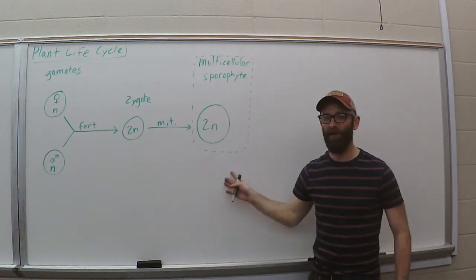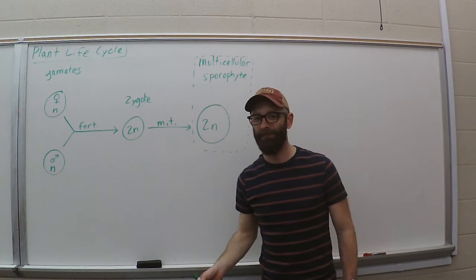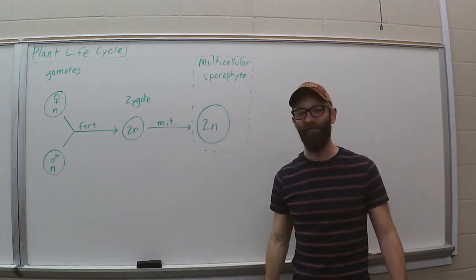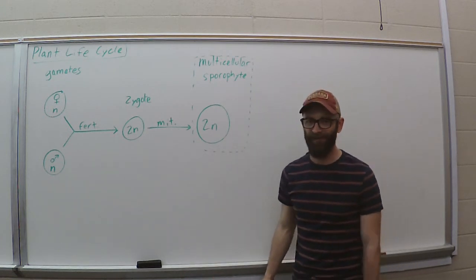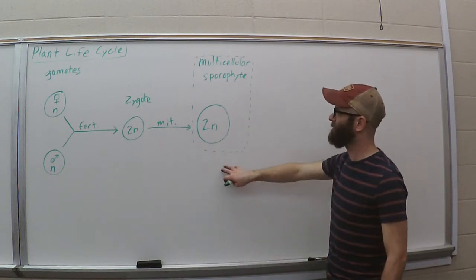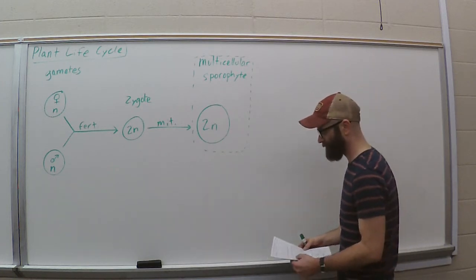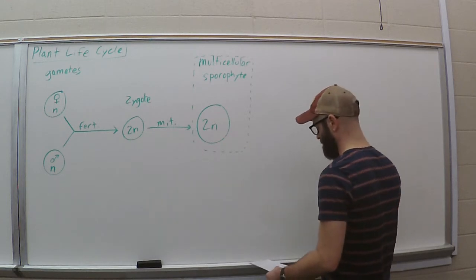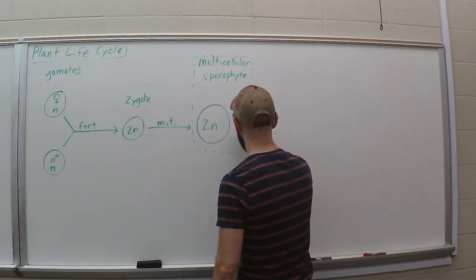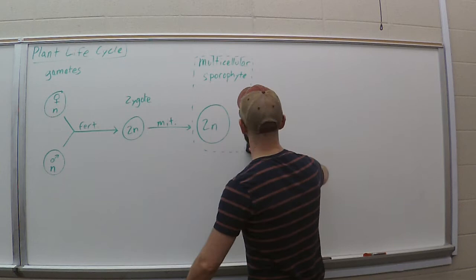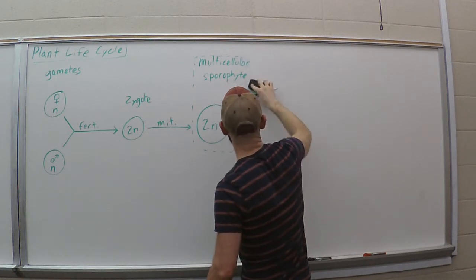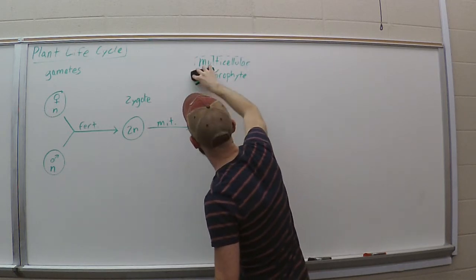You go look out your window, look at a plant. First plant you see is probably a sporophyte, right? Trees, these are sporophytes. These are multicellular diploid organisms. Then that tree, actually these dotted lines are kind of cluttering things up, I think. I'll erase it.